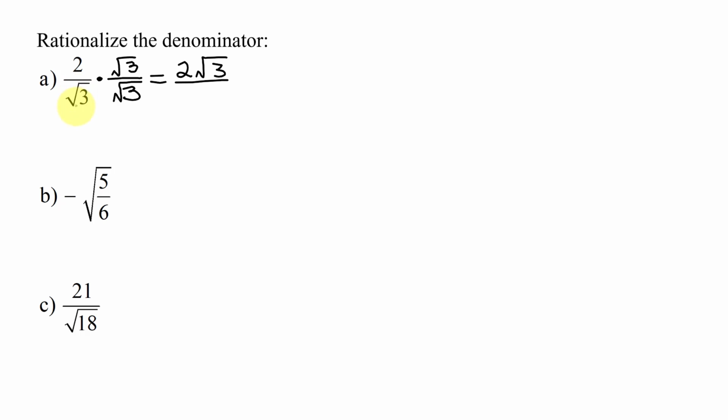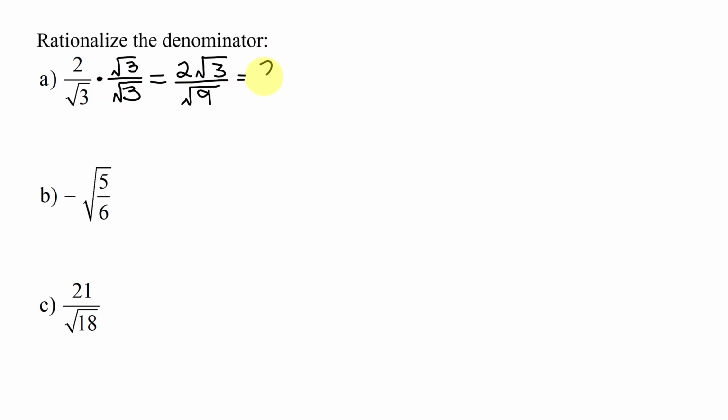Since I have a square root times a square root, I can use the product property of radicals that says that equals the square root of the product of the two radicands. So it's going to be the square root of 3 times 3 is 9.